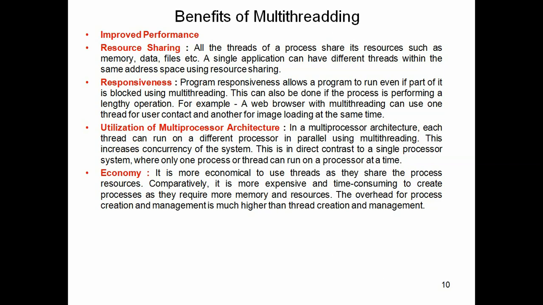Like that we can execute the program very fast. And also we get better economy, because multi-threading allows us to share the same resources. So these are the advantages of using multi-threading.